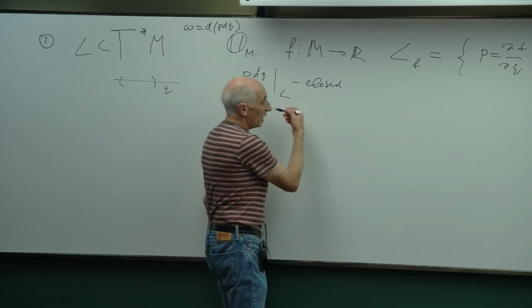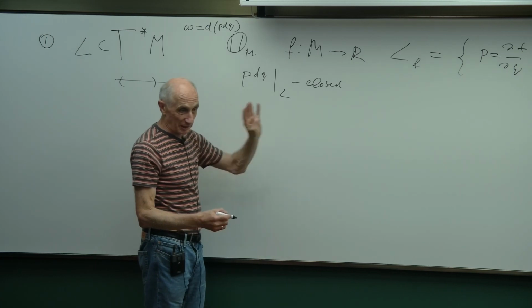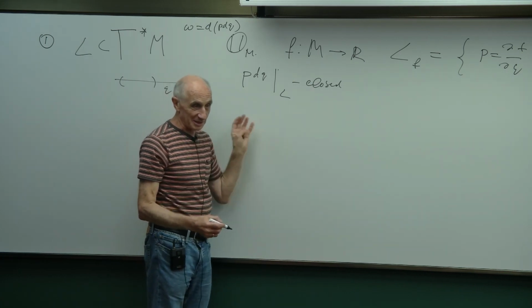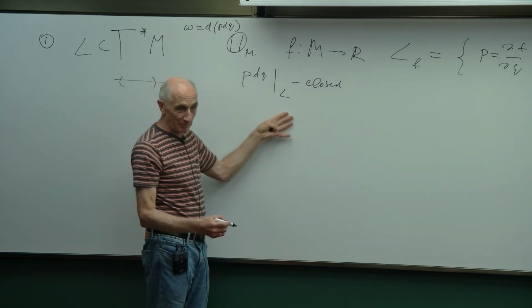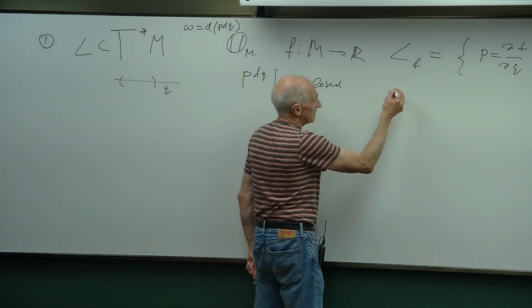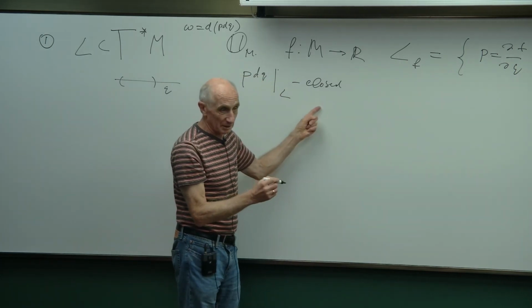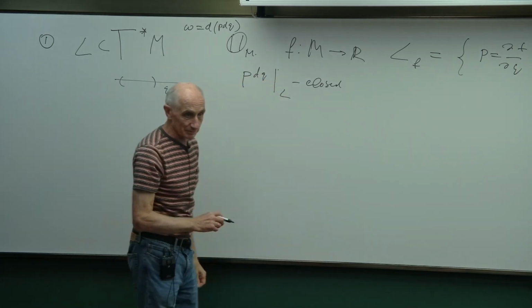I will concentrate on exact Lagrangian submanifolds; I am not interested in anything else. So all my Lagrangian submanifolds will be exact, and a Lagrangian is called exact if this form is exact.